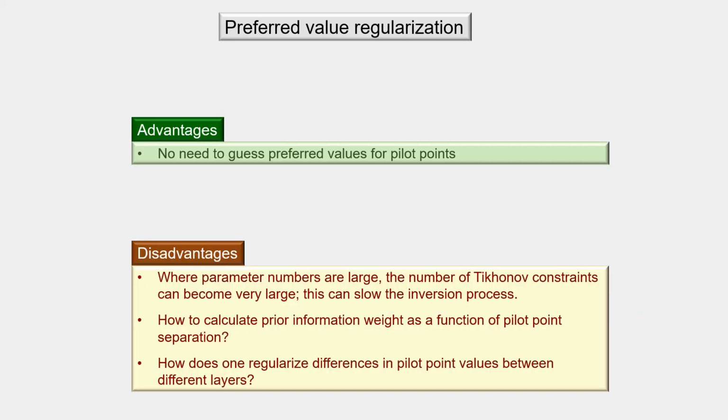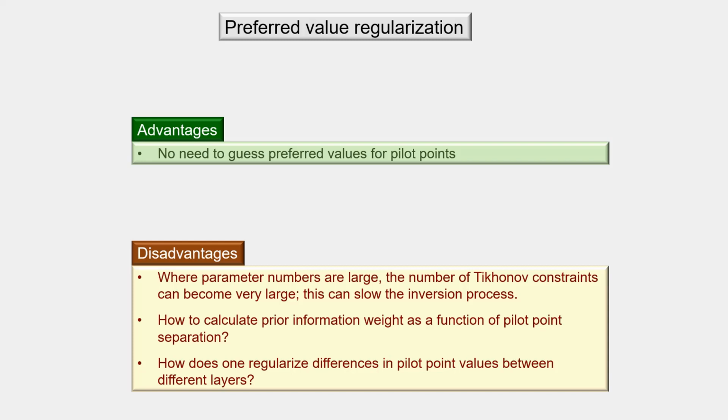And a further problem is, what do we do between layers? So we're asking for preferred homogeneity within one layer, but then if we've got a multi-layer model, what do we ask for to regularize parameter values in one layer to those in the underlying or overlying layer? Recall from another slideshow, another video, that Tikhonov regularization should ideally provide a fallback position for all parameters.